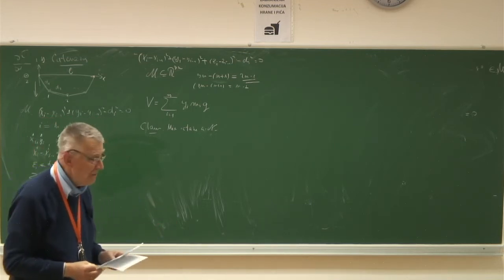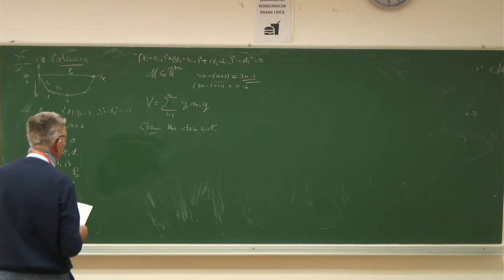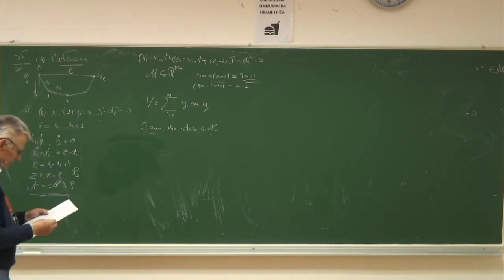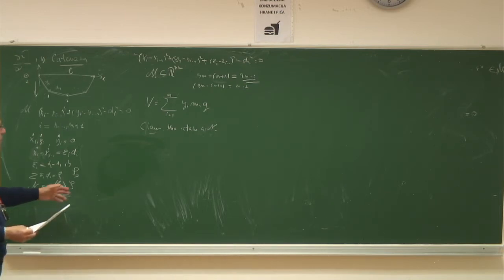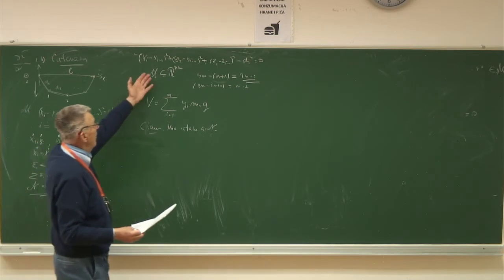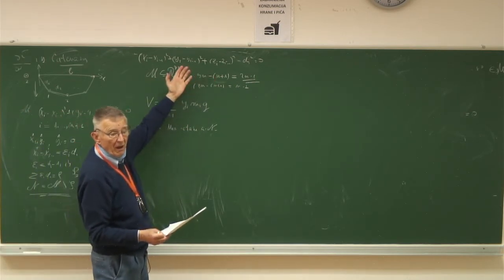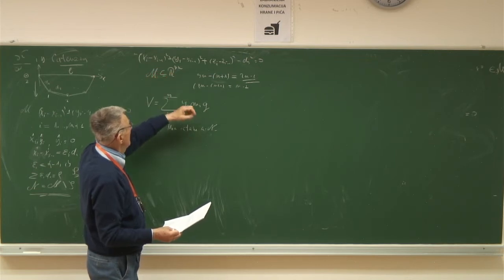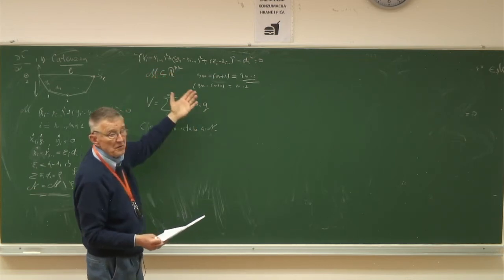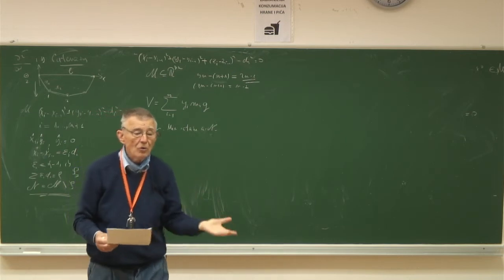That's the first claim. Why? First of all, the whole M is compact. That's trivial. It is bounded, and it consists of zeros of a continuous function. So it is bounded and closed.